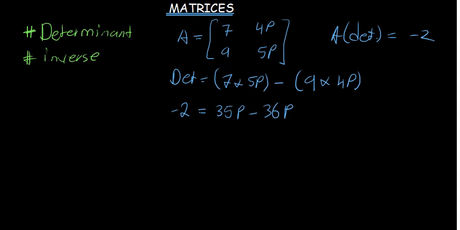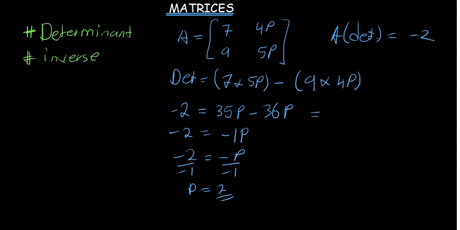So we have -2 is equal to 35 minus 36, which is -1. So that would be -1p, or we just say -2 is equal to -p. Divide both sides by -1, because what we want is the value of p, not -p. So hence our p is equal to +2.